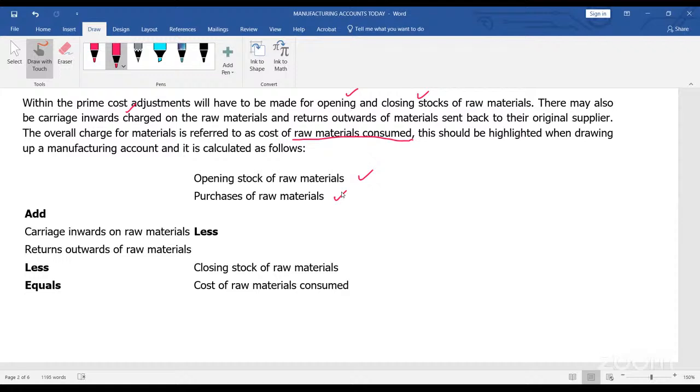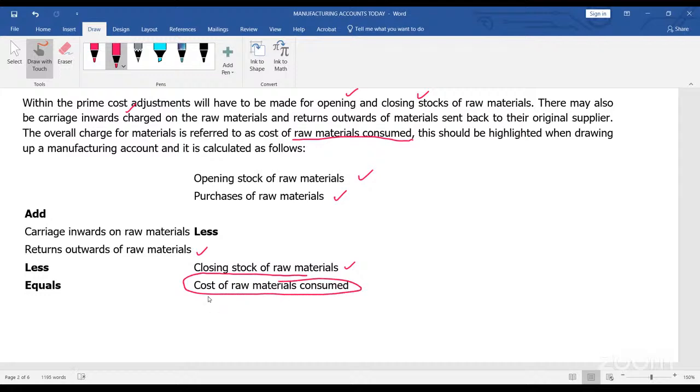But don't forget that as you purchase, sometimes you may return some of the raw materials to the suppliers. So when we return raw materials to the suppliers, then we have to less the return outwards of the raw materials. Then we less the closing stock of raw materials. Finally, we come up with what we call the cost of raw materials consumed.